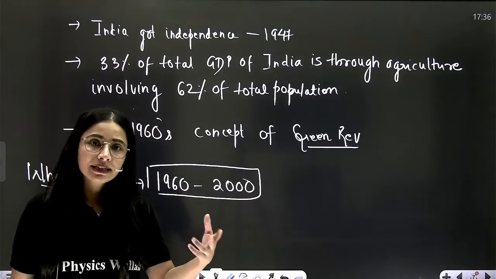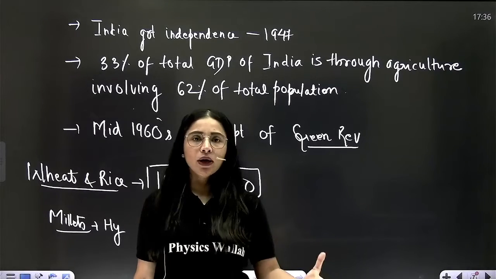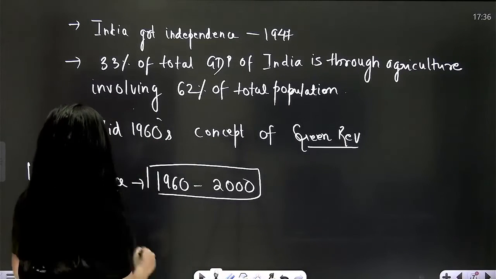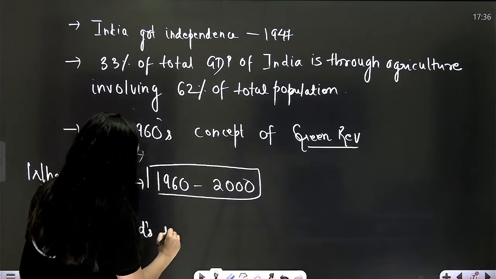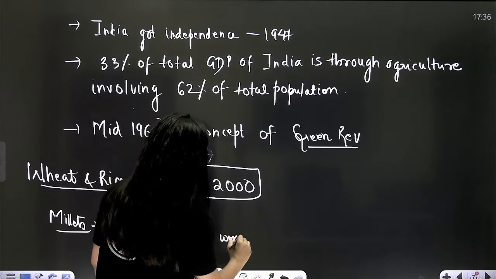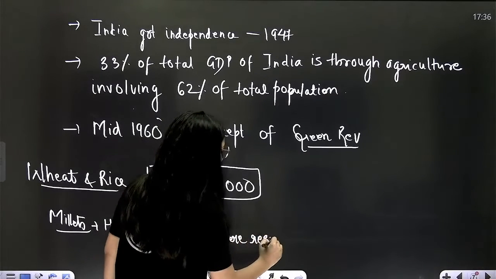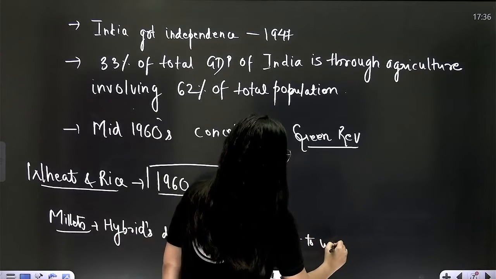Why? Because millets are usually grown in places where water availability is poor. So for millets, only one point you have to remember: hybrids developed were resistant to water stress.